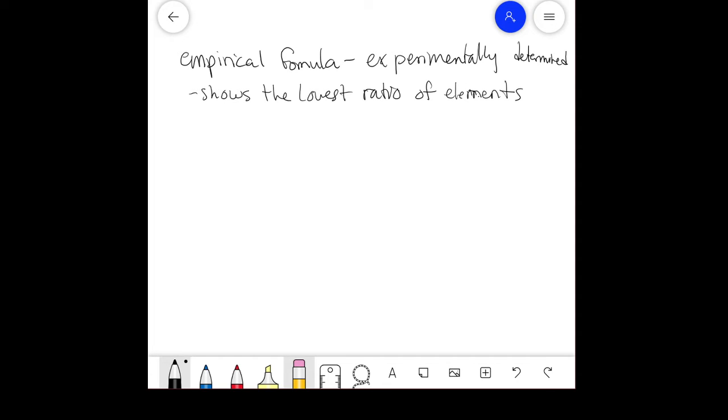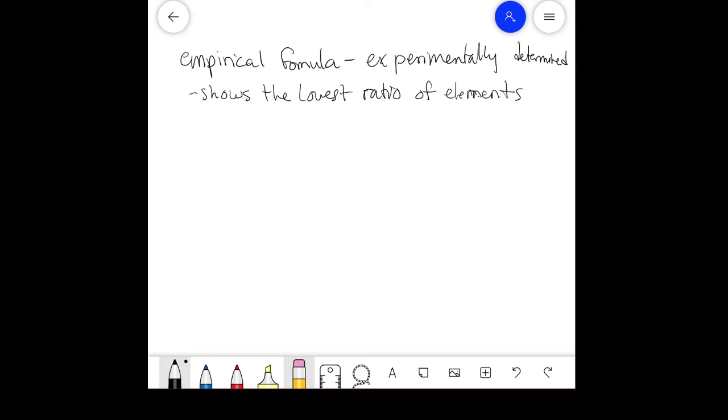So say you found some random substance and you ran it through, and you don't know its true formula, but you do know the empirical formula, what is in it and what the ratio is.